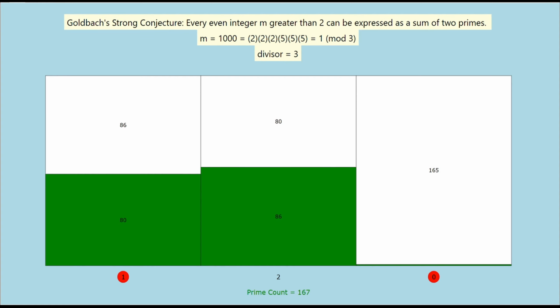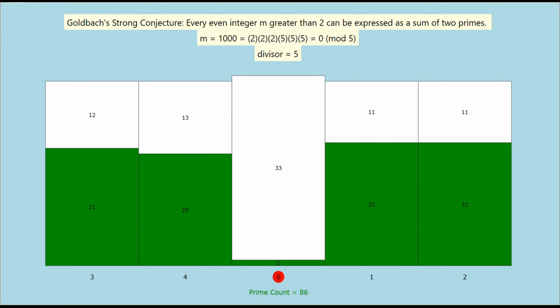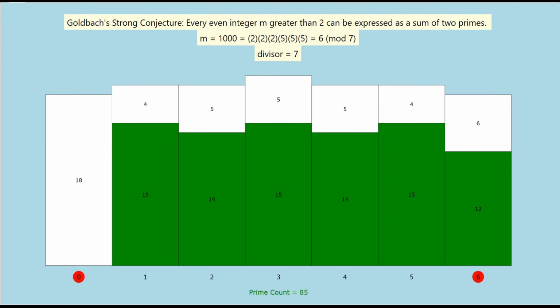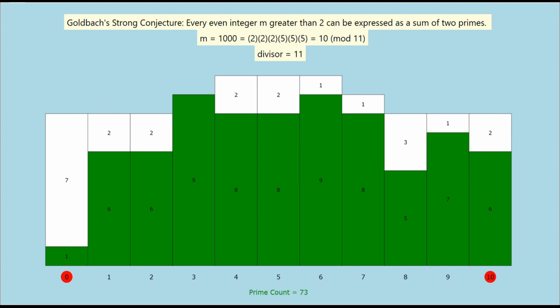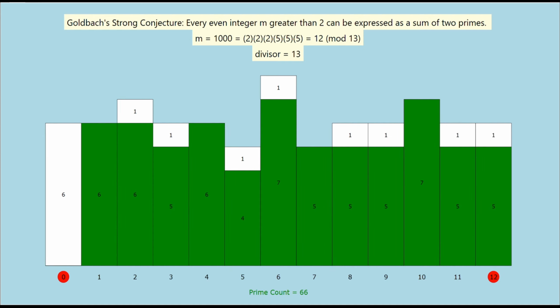As usual, we are removing the two designated columns at each stage. But wait, at divisor 5, only one column has been designated for removal. This is because 5 is a divisor of m, so column 5 is its own complement. This happens at every divisor which is a factor of m.